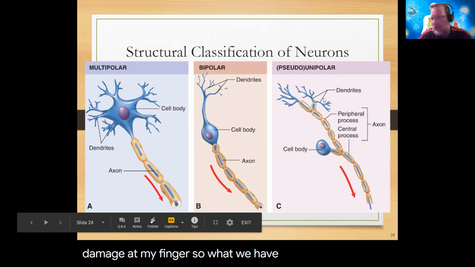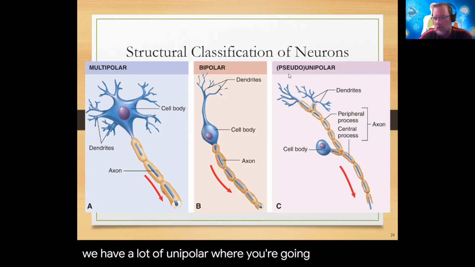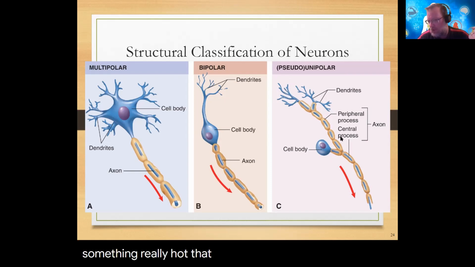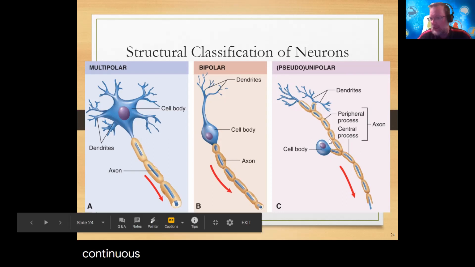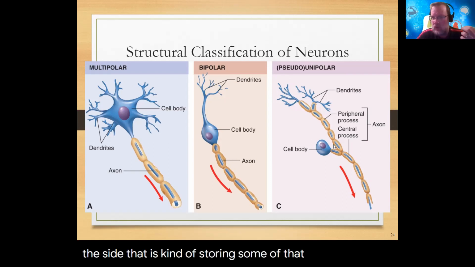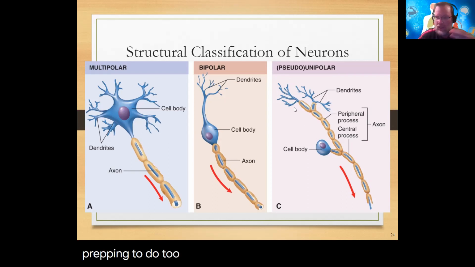So what we have instead for sensory is a lot of unipolar, where out here, maybe the tip of my finger, I touch something really hot, that signal is going to travel down one continuous axon, and that might have a cell body off to the side that is storing some of that info. It might be prepping to elicit some tissue repair down there, nutrient increase.